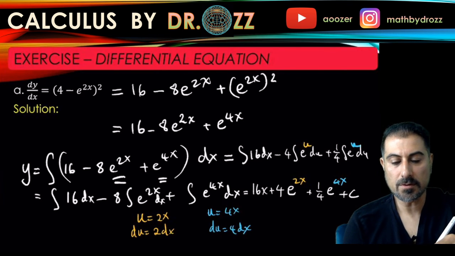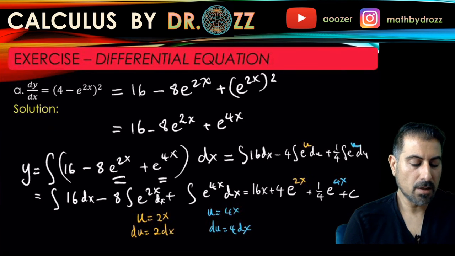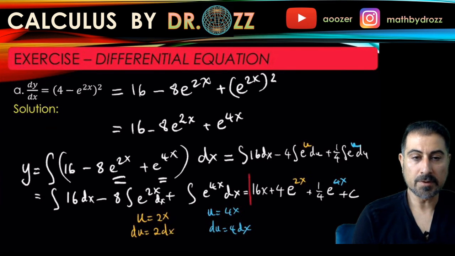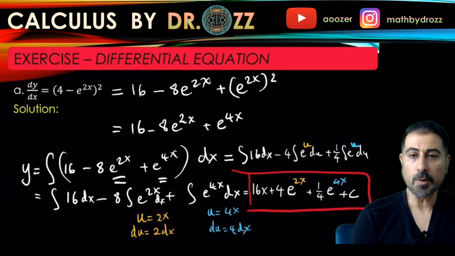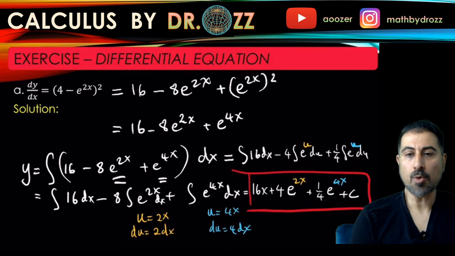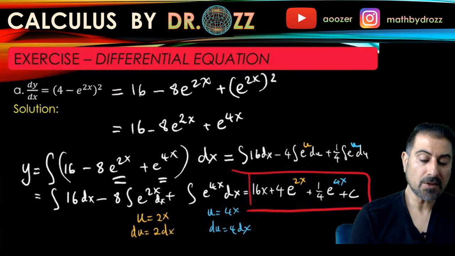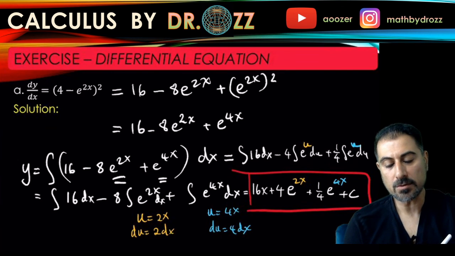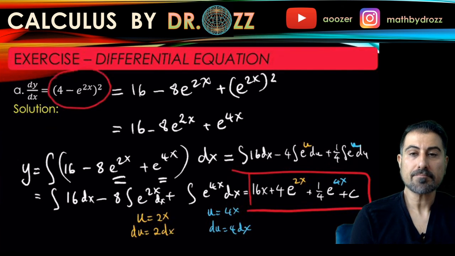This should be the final result of this integration, which corresponds to solving the differential equation dy over dx equals 4 minus e to the 2x quantity squared. So y, the solution, is given in the red box. If you take the derivative of that, you should get back to this quantity squared form.